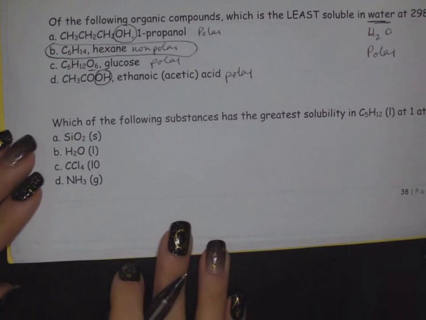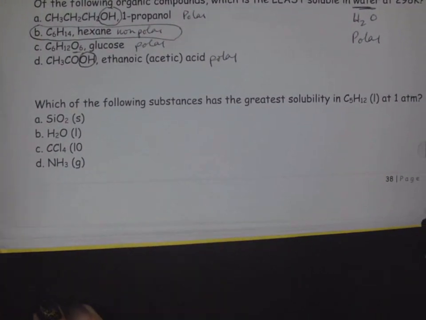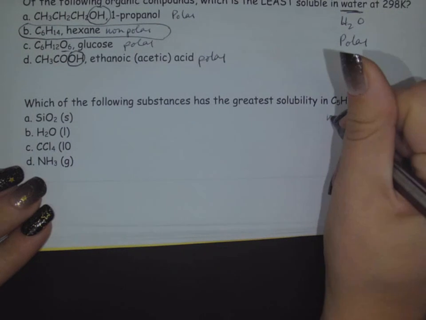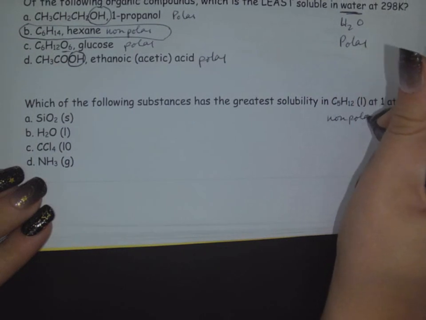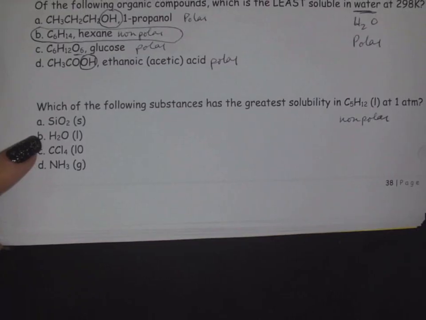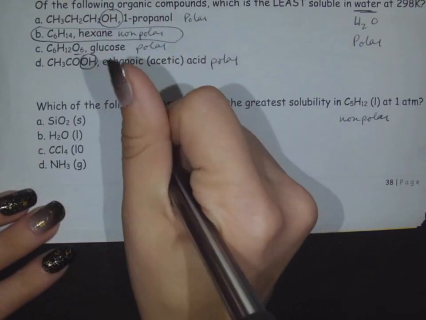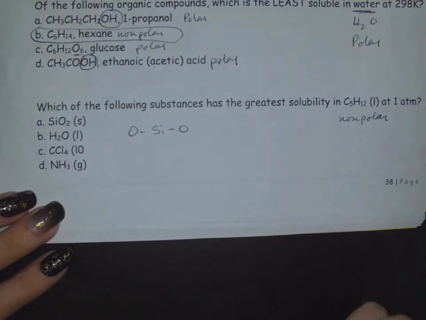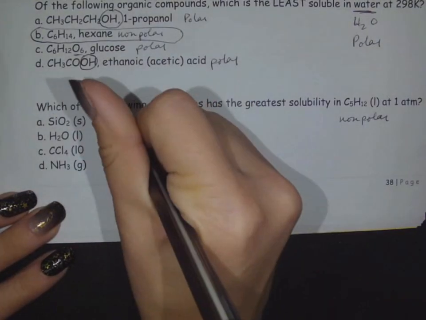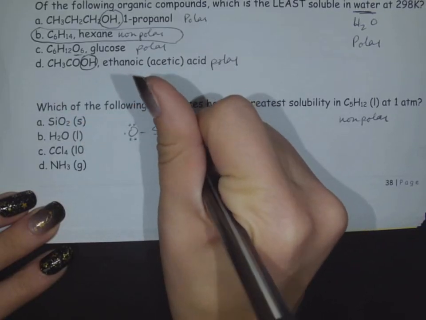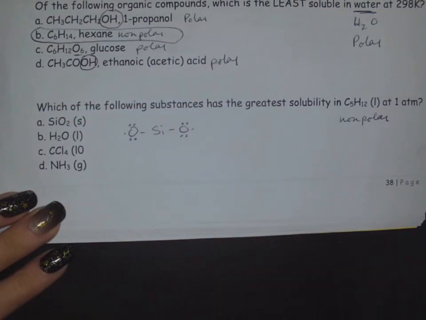Okay, now, next one. Which of the following substances has the greatest solubility in C5H12? Hydrocarbon. Only hydrogen and carbon, so that's a non-polar molecule. Now, we may need to draw our Lewis dot structures on each of these to see, because we have silicon, oxygen. There's my skeleton structure. Oxygens have 6 valence electrons, so I'm going to start right there.